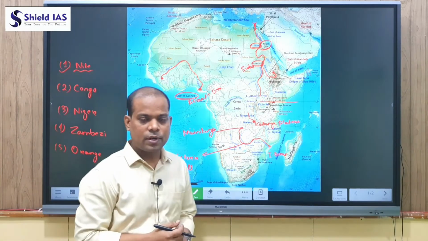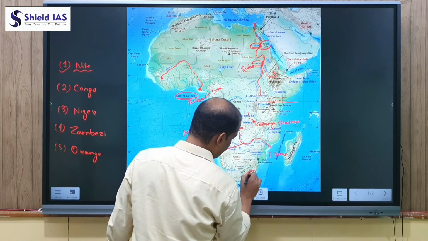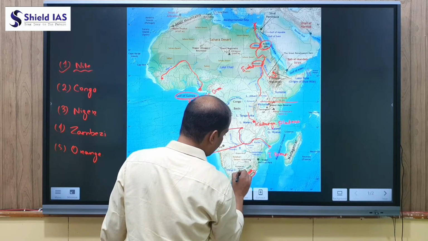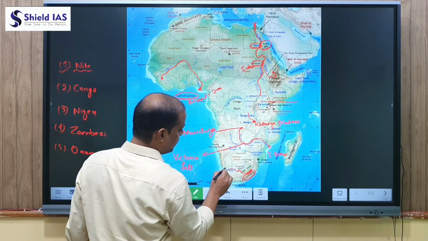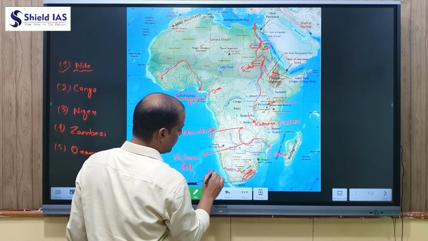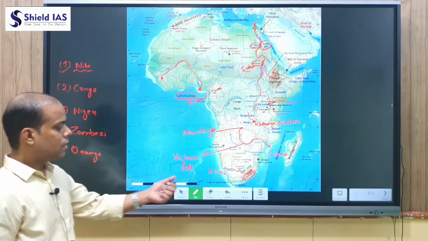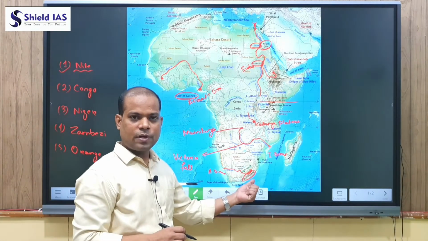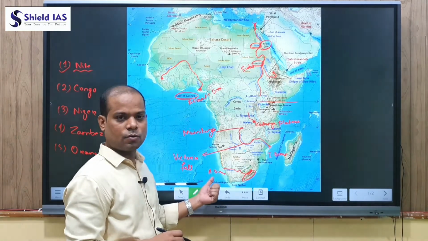The source of river Orange is Drakensberg, and from here it moved toward the western direction and ends in the Atlantic Ocean. Here two things are important: Drakensberg is the source of river Orange and the mouth of river Orange is the Atlantic Ocean.